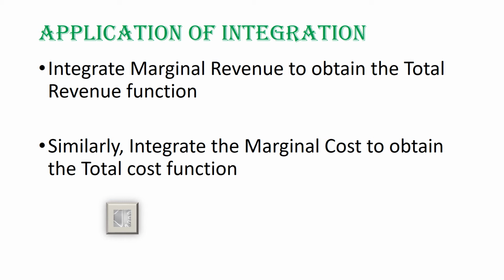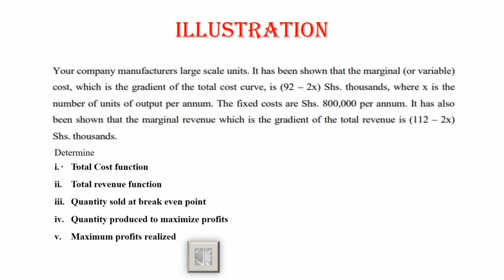And because integration is the reverse of differentiation, we can comfortably say you integrate the marginal revenue to obtain the total revenue function. Similarly, you integrate the marginal cost to obtain the total cost function. As simple as that. Let's look at this particular illustration.